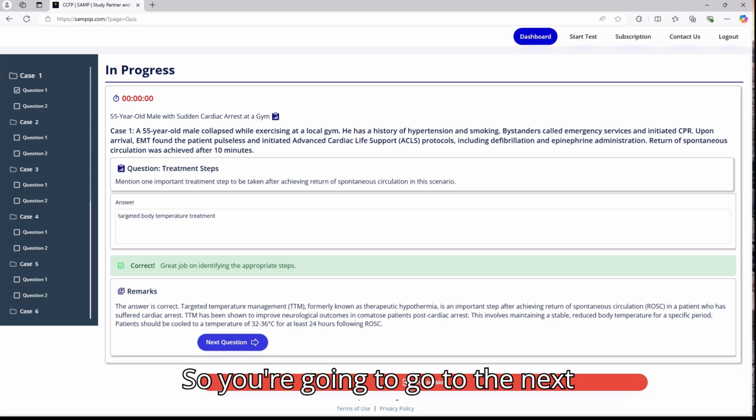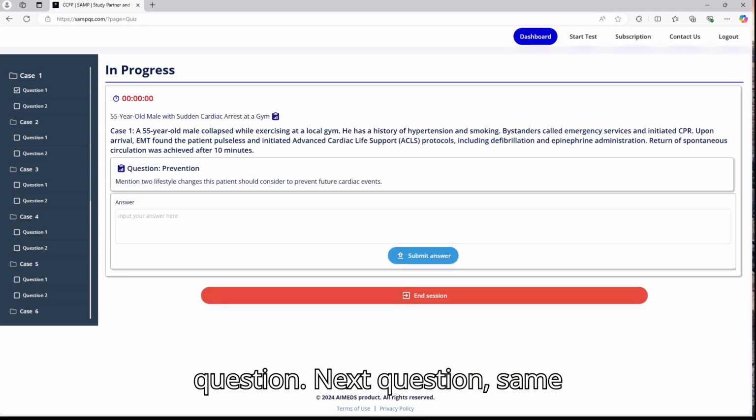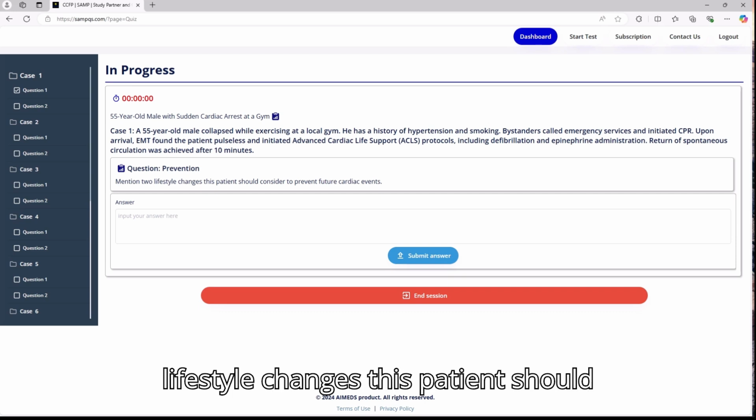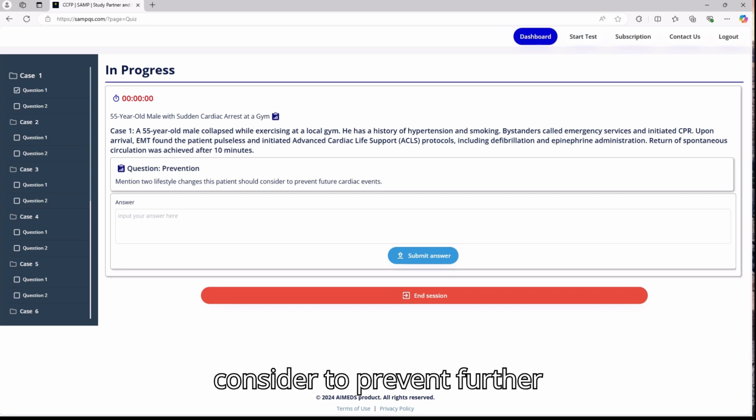So you're going to go to the next question. Next question, same scenario, same case. Mention 2 lifestyle changes this patient should consider to prevent further cardiac events. Very typical for this exam.